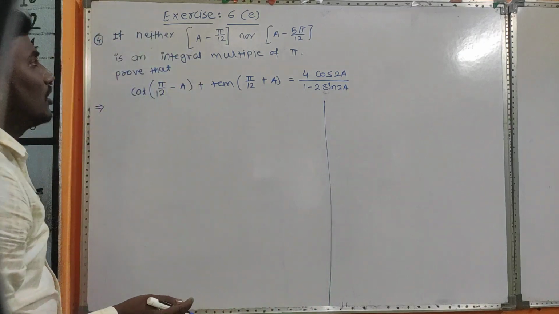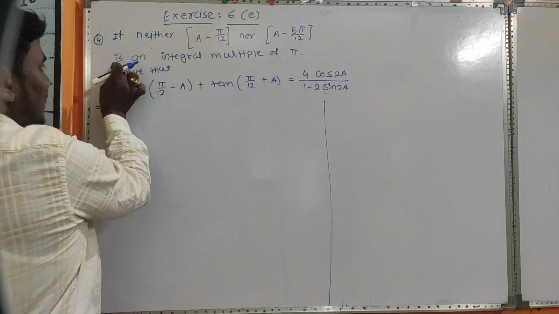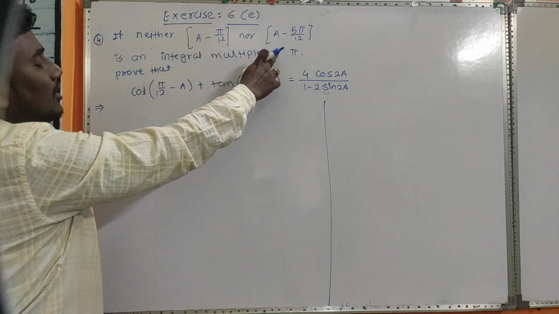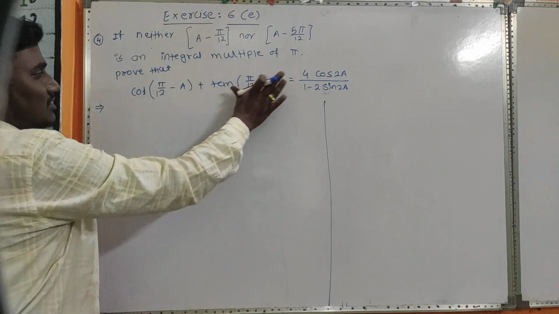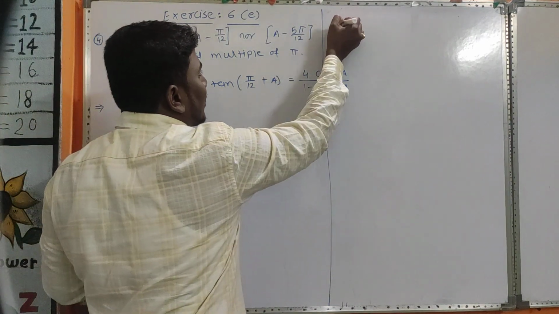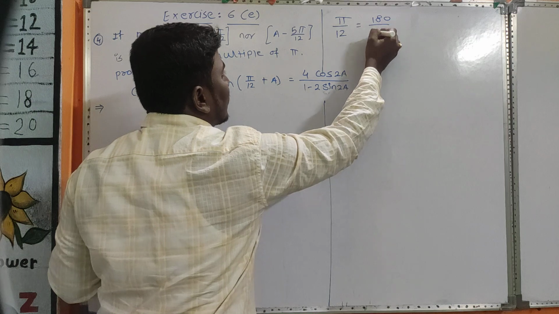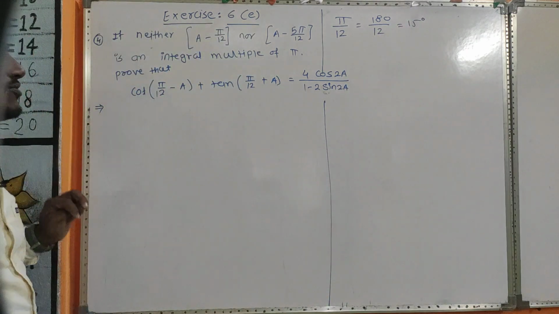So what this says, that neither this nor this is an integral multiple of pi, is nothing but that this is not a multiple of pi. So we take LHS and prove RHS. First we want to know what pi by 12 is: 180 divided by 12 is 15 degrees. You can remember this, pi by 12 means 15 degrees.